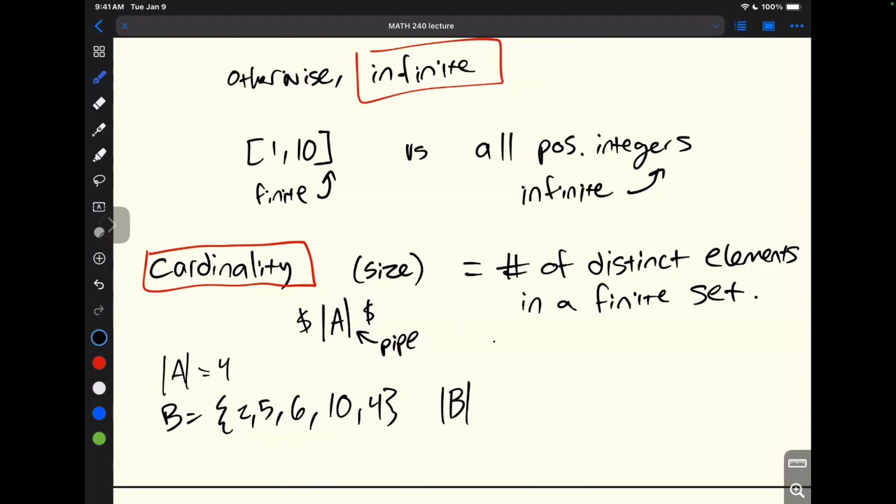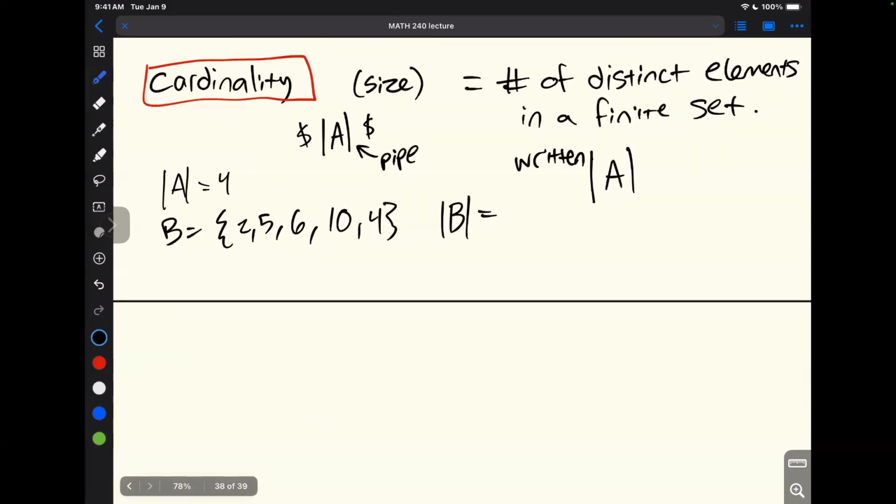But we write it like the absolute value of a set. And so we say the cardinality of A. What's the cardinality of this set B that I've got here? 5.